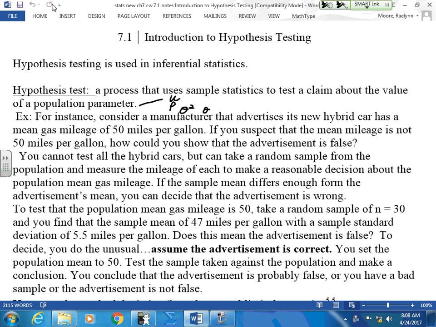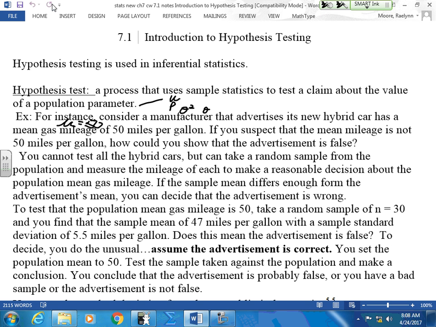So for instance, consider a manufacturer that advertises his new hybrid car has a mean gas mileage of 50 miles. He's giving this from his population of all his hybrid cars. If you suspect that this is not 50 miles per gallon, how could you show that his advertisement is false?